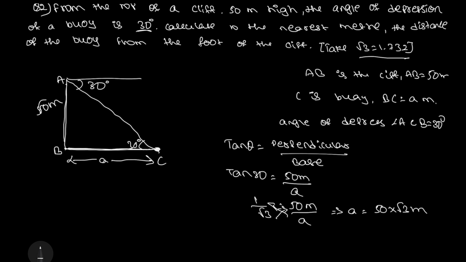Substituting the root 3 value, A is equal to 50 into 1.732, which is equal to 86.6 meters. So the distance from the foot of the cliff to the buoy is 86.6 meters.